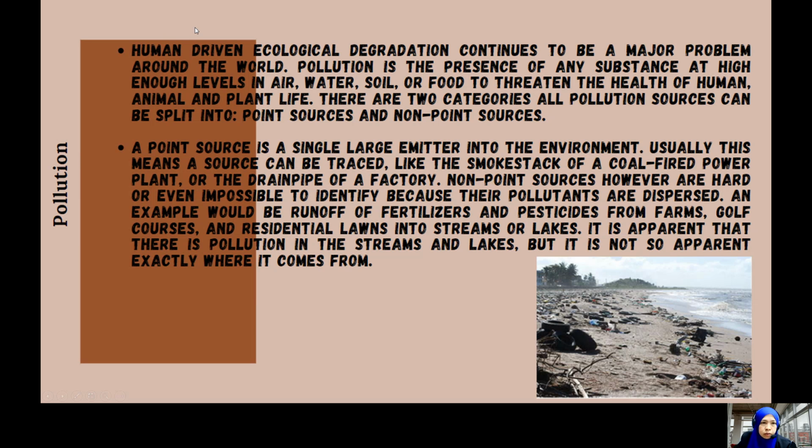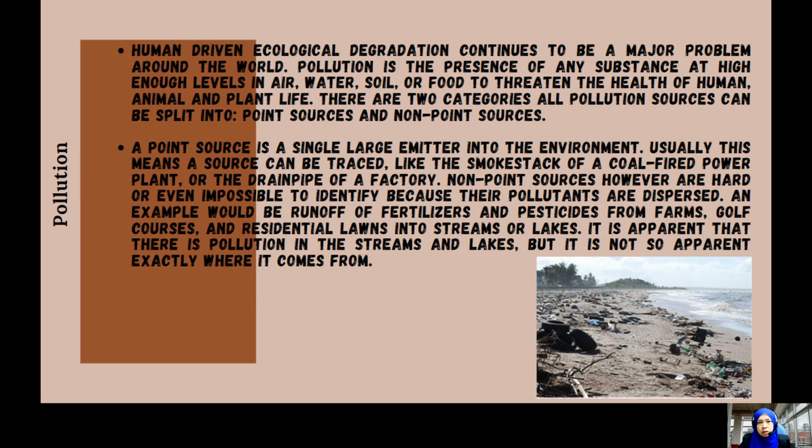For humans, ecological degradation continues to be a major problem around the world. Pollution is the presence of any substance at a high enough level in air, water, soil, or food to threaten the health of humans, animals, and plants.